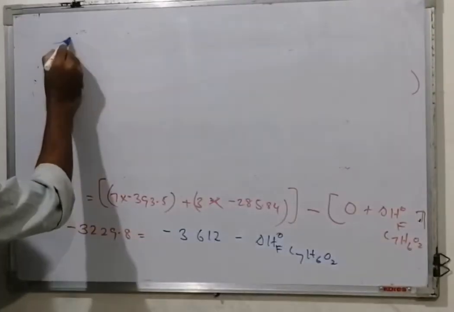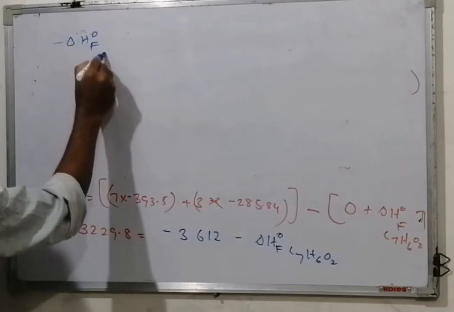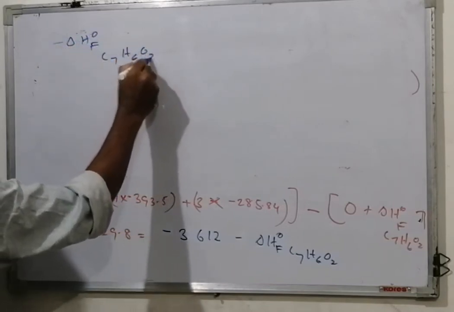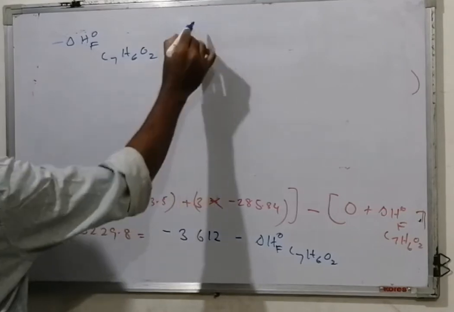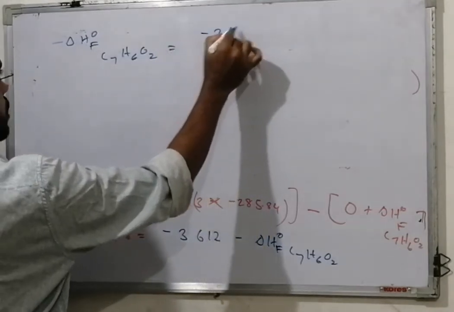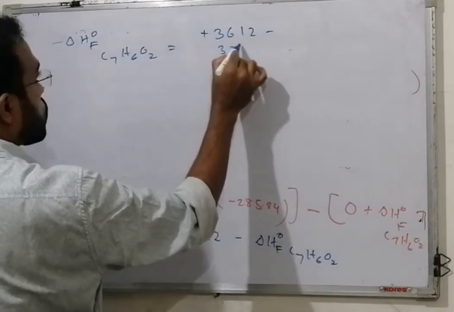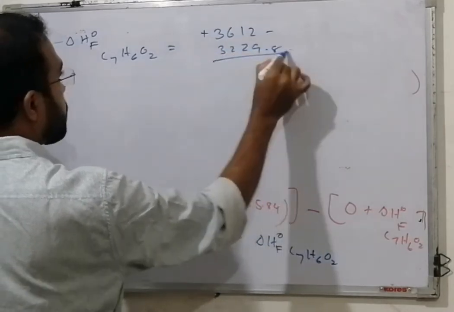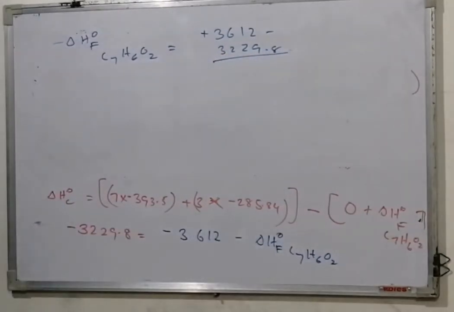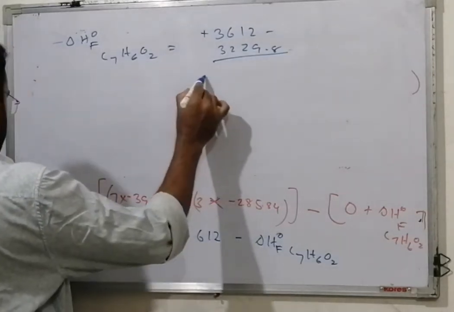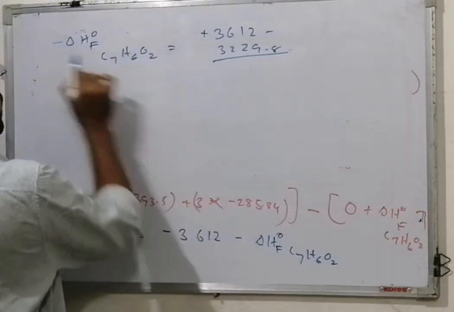Therefore, minus delta H0 formation of C7H6O2 is equal to minus 3612 minus 3229.8, so almost here a minus sign.